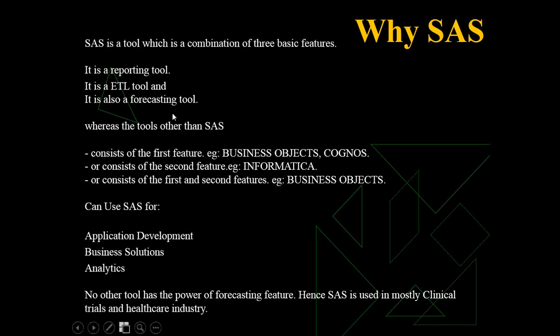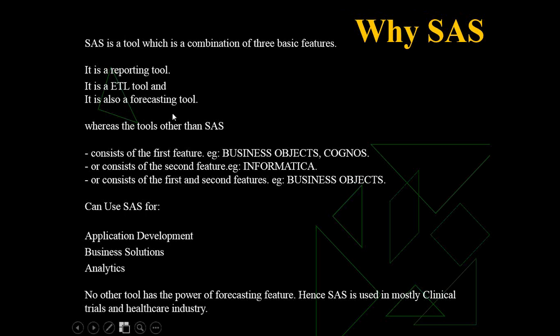This is also a forecasting tool, like weather forecasting. How do we calculate weather forecasting? We just take the historical data, use some statistical functions, and we predict something. Our prediction cannot always be correct, but using the historical data we predict something.